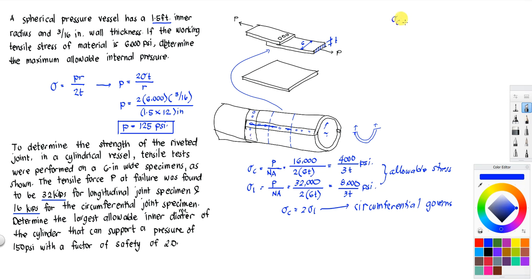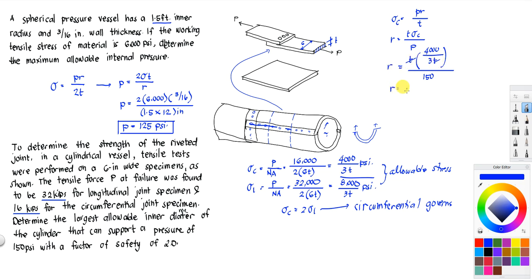What is our formula for circumferential? We have PR all over T, the one without the 2. So we solve for R. R becomes equal to T multiplied by sigma C all over P. What is our sigma C? It is 4,000 all over 3T, all over the pressure, which is 150. So that would be the radius.